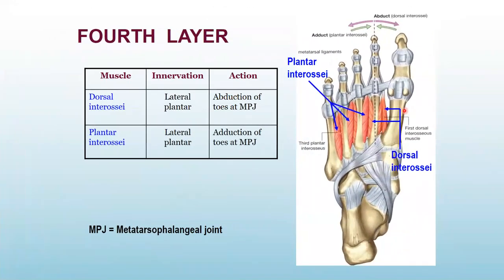And the fourth layer, the deeper one, okay, it is the plantar interossei. Plantar interossei muscles and dorsal interossei. The first three fibers is dorsal interossei, while for the rest is the plantar interossei.